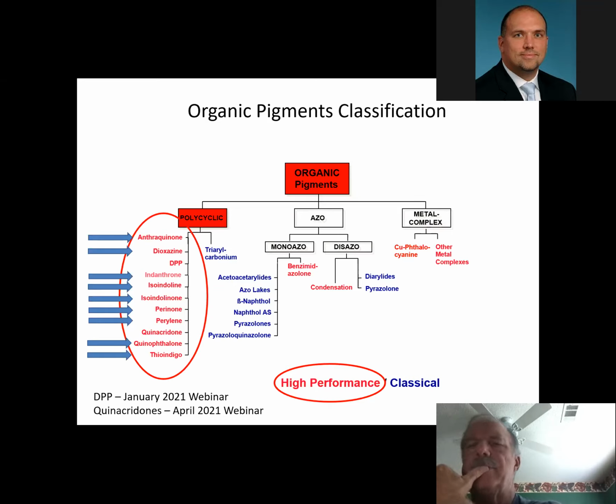However, if you missed the DPP or quinacridone webinars, just shoot me a note and let me know, and I will be glad to share the link for the recording as well as the slides for those, so that you are fully complete with respect to the polycyclic chemistries.